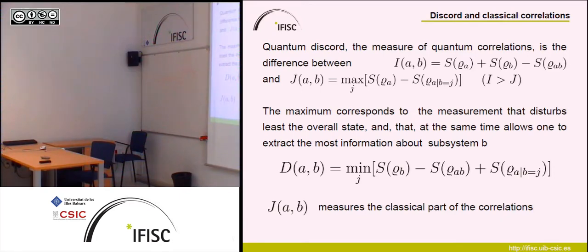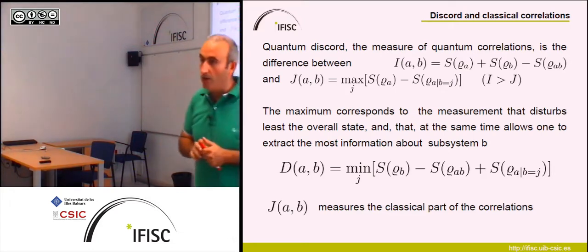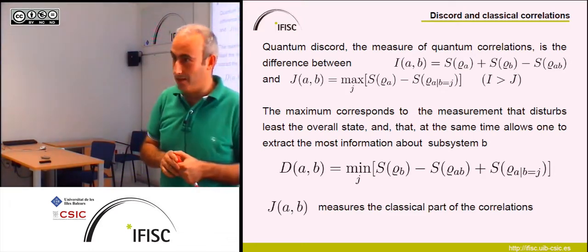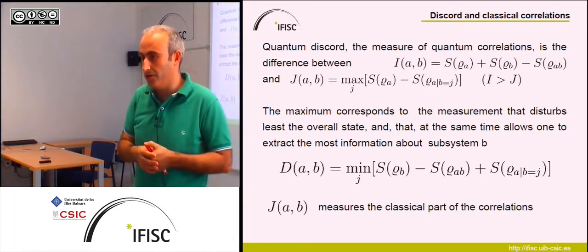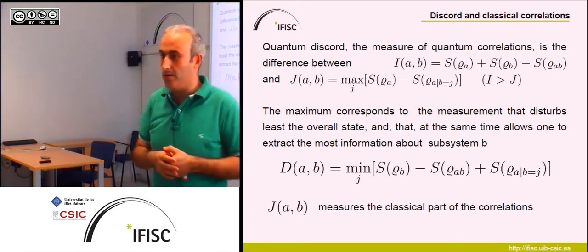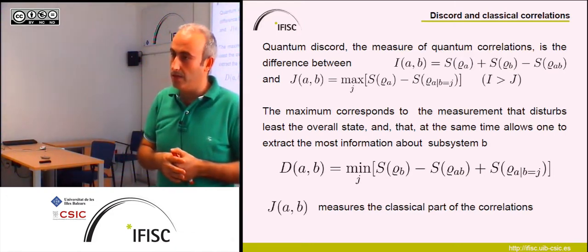I think entanglement is normally mentioned to be connected to non-locality of quantum systems. Is Discord also similar to...? No, you can find states that don't violate Bell inequalities, for instance, but they have non-zero Discord. There is no relation between Discord and locality.